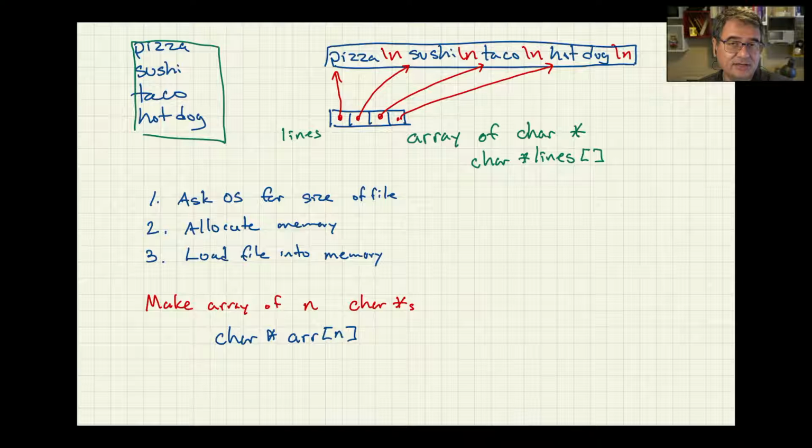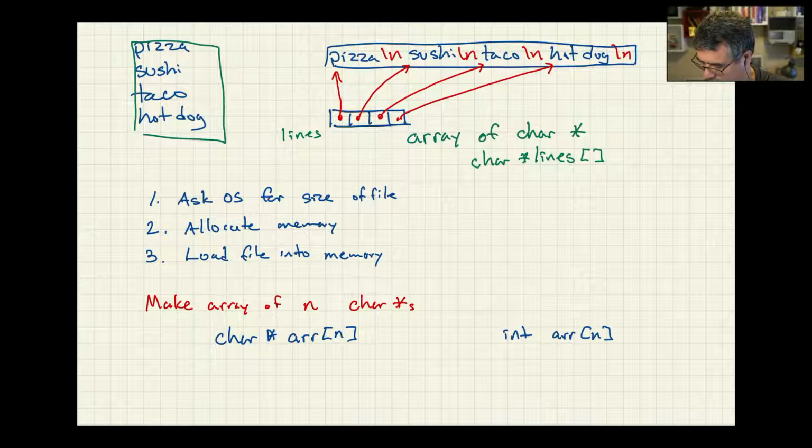But this would make a local array, one that wouldn't stick around. So we should turn this into a malloc. If I wanted to make an array of N integers, I would do it like that.